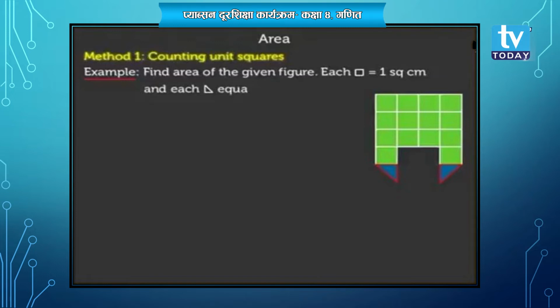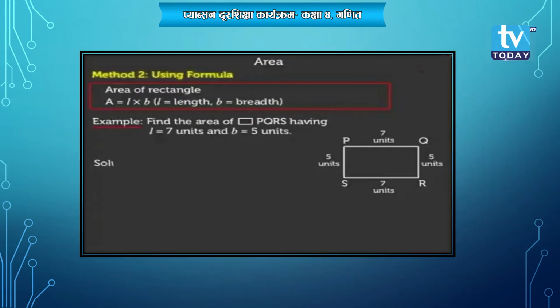Okay. Now the next method. Next example. See here. That is the area of a rectangle. Have you seen? What is there? Area of rectangle A equals L into B, right?